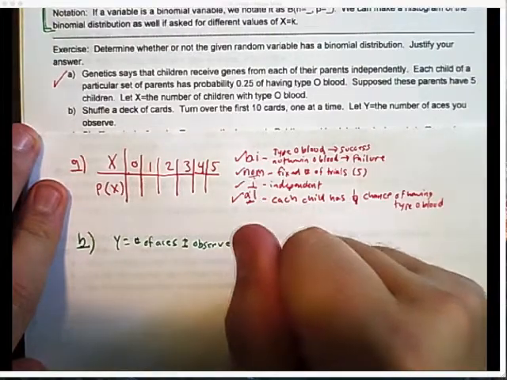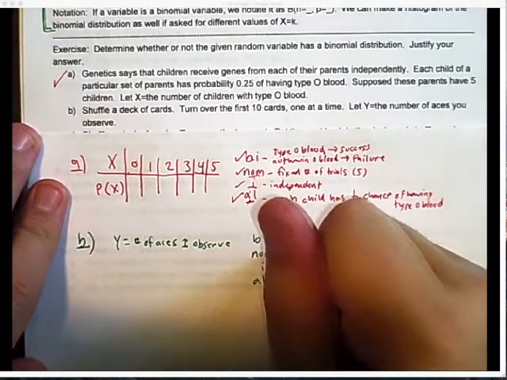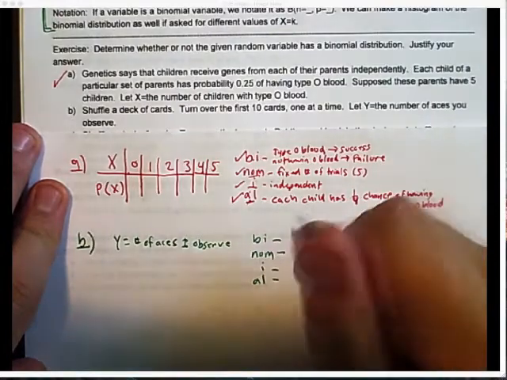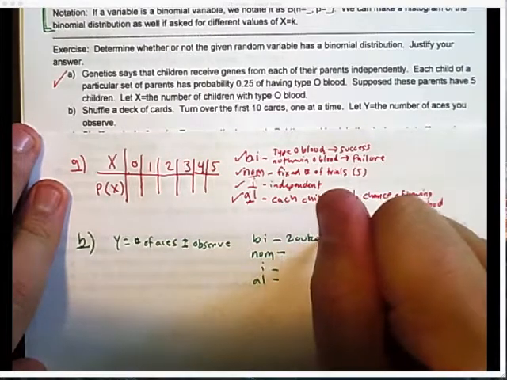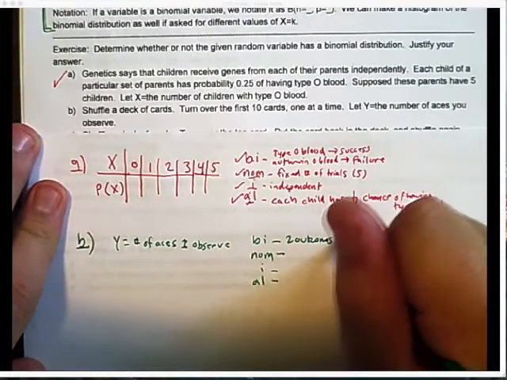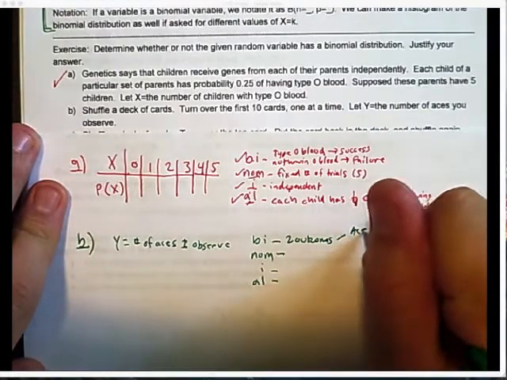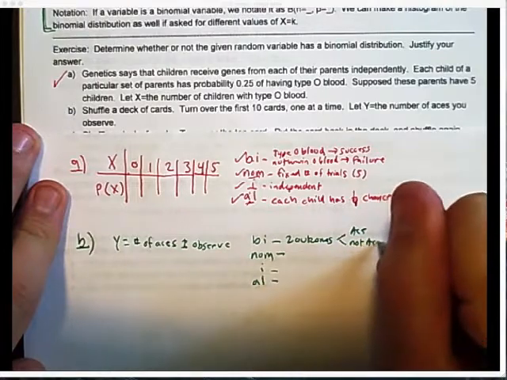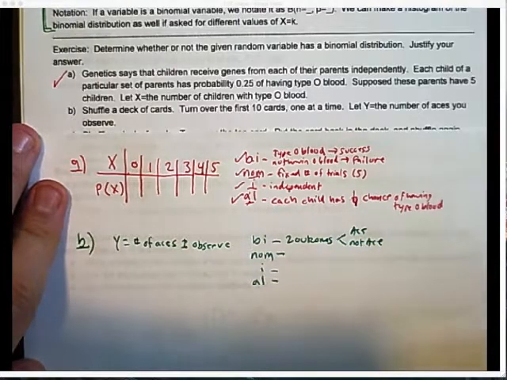Binom. Are there only 2 outcomes? I can either get an ace or not ace, so we can divide this into success and failure. So that works.